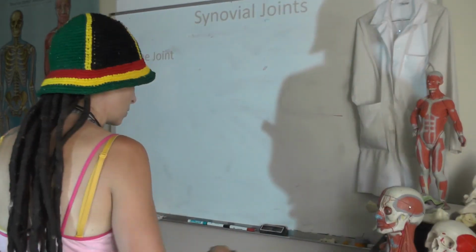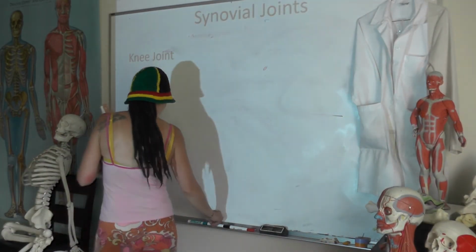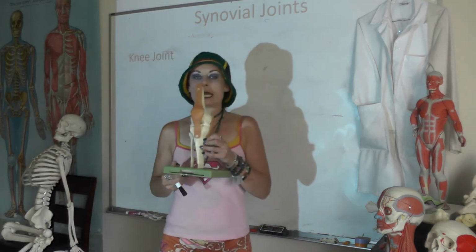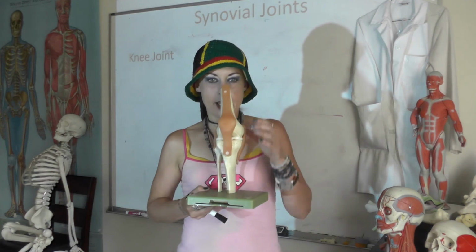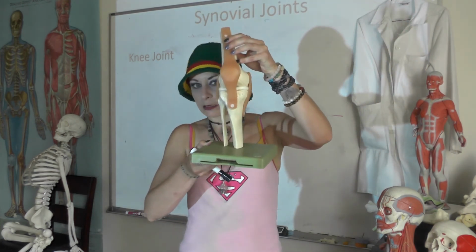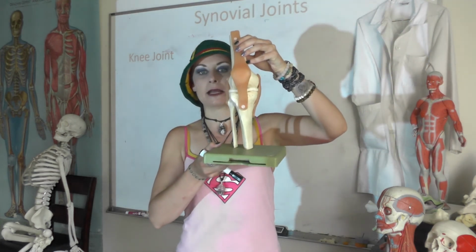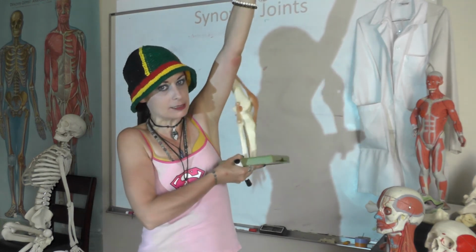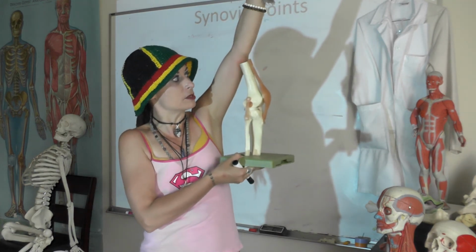Well, first, what's cool about the knee joint is that when it locks in place, it takes all of the work off of your muscles. So it's unique among synovial joints in that regard. If you lock your knee, your muscles don't have to do anything else for you to stand up. Imagine if I locked my elbow and tried to stand on my hands all day. I'd get tired real fast, right? Because the joint doesn't lock in the same way, and the arrangement of muscles isn't the same.